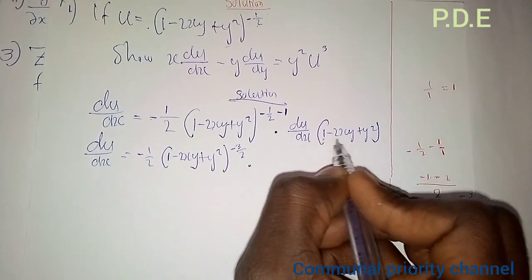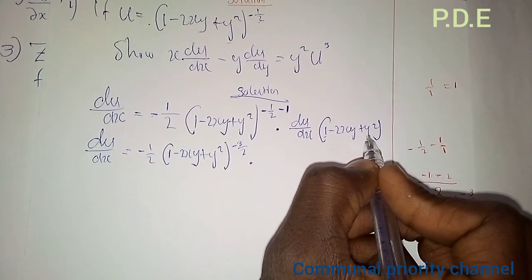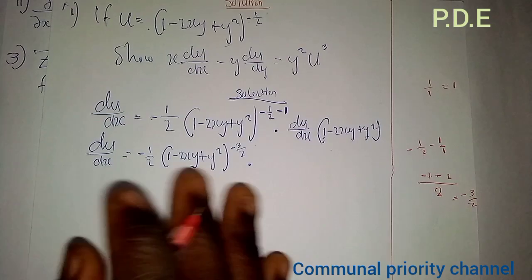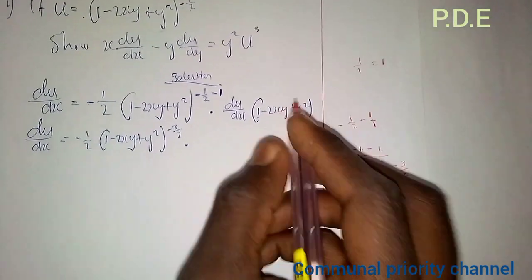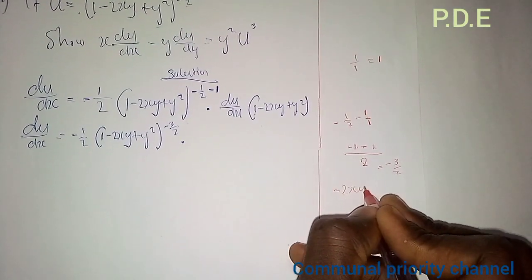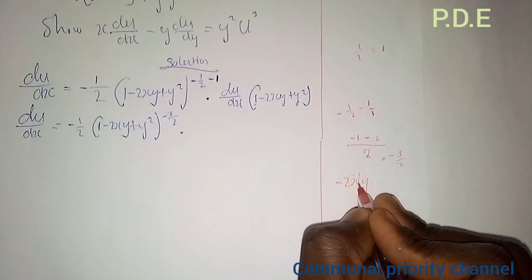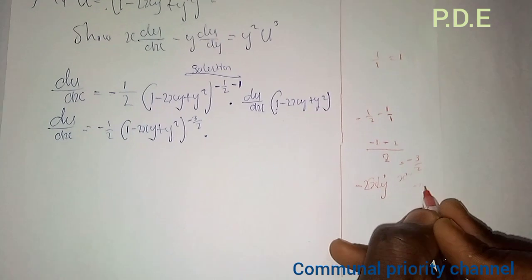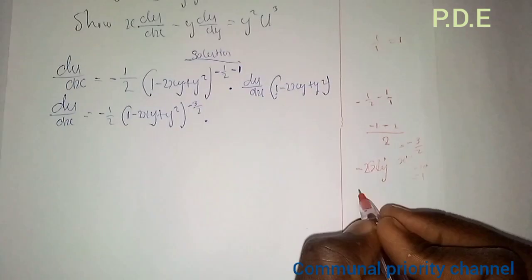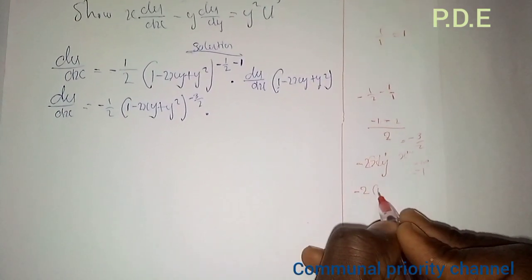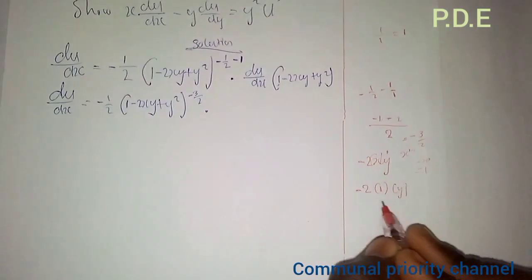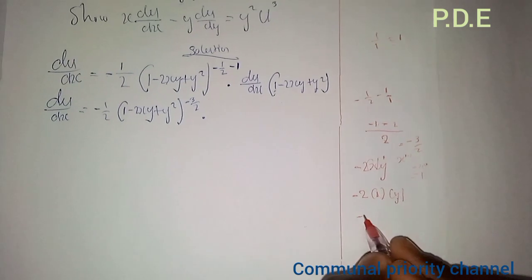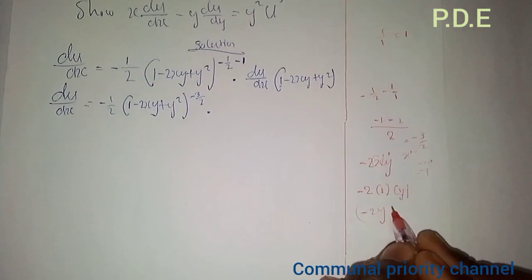We are going to only differentiate the 2xy. The differentiation of minus 2xy with respect to x: if we differentiate x, we get 1, because x to the power of 1 minus 1 is x to the power of 0, which is equal to 1. So this will be minus 2 multiplied by 1 multiplied by y, which is y. Therefore, this will be minus 2y as our differentiation.